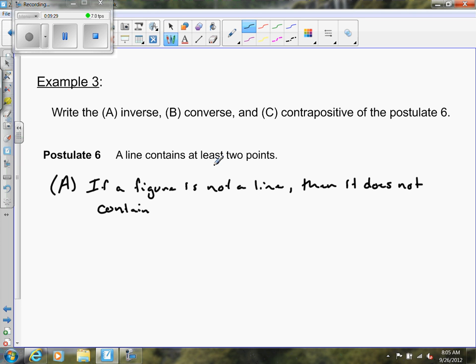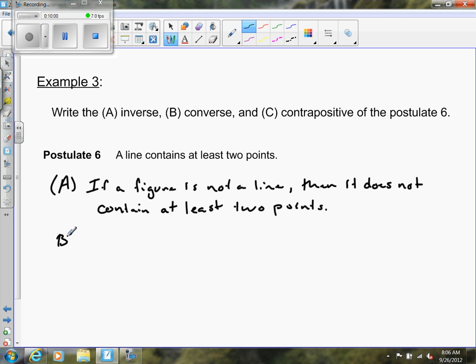I've got to think, because not containing 2 points might not necessarily be the same as at least 2 points. Well, so if it does not contain at least 2 points, yeah, that should work. Just have to think about it for a second. There's nothing wrong with not being able to do these things right away. It takes some time to make them work and be good.